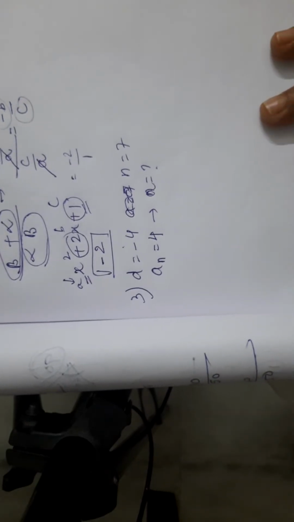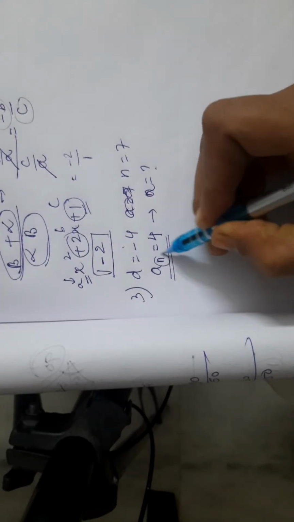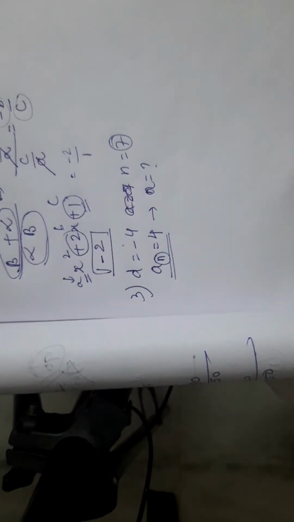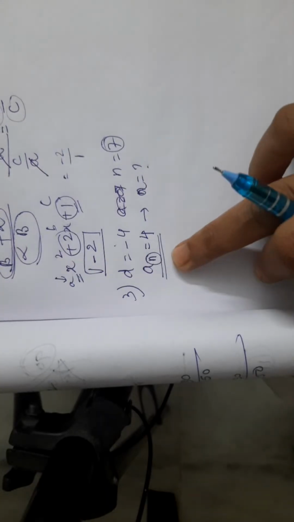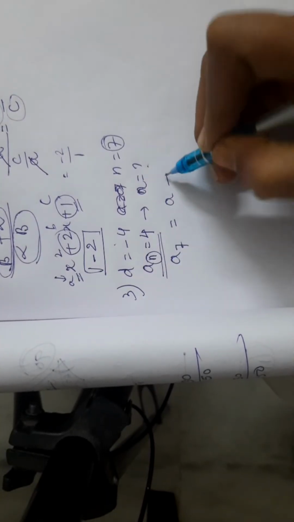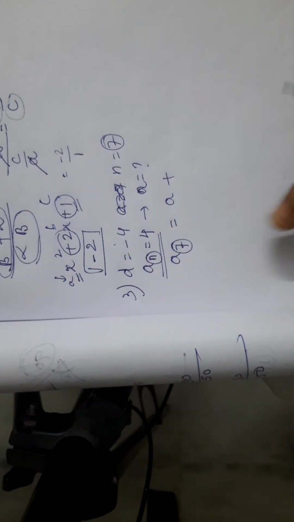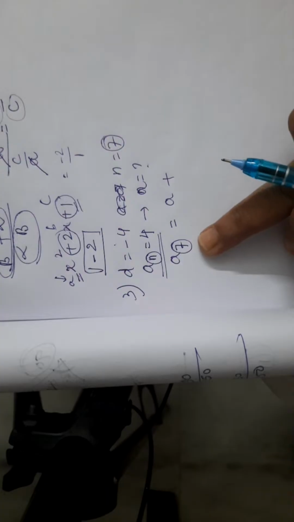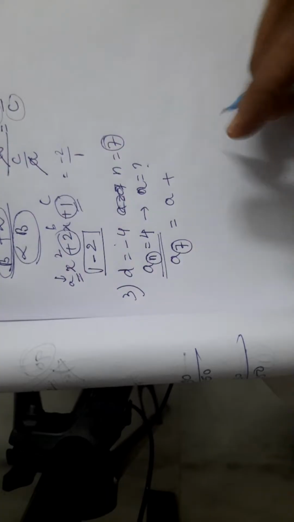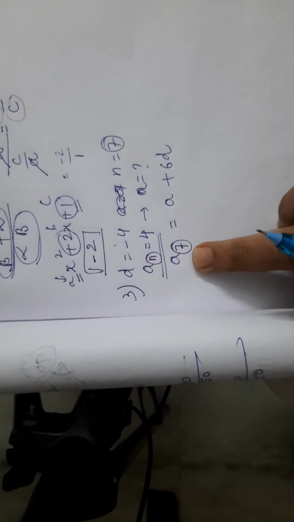As we have the formula here, a n is given as 4 and n is nothing but 7. So how can we write the formula of a n? a 7 is equal to a plus, whatever the value of n is, subtract 1 from that. Here 7 minus 1 is 6. So a 7 we need to find.